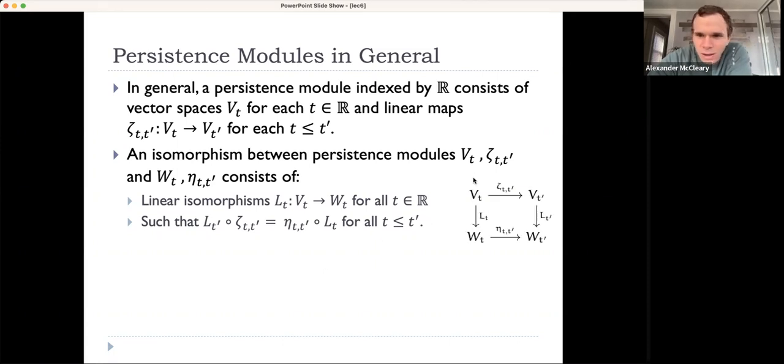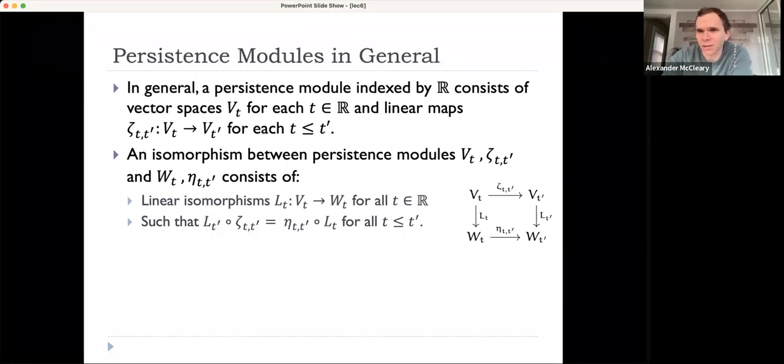It's perhaps best seen in this diagram here. So let's say we have t less than or equal to t prime. And now there are two ways we can go around this square. First, we can go along zeta t to t prime, so this is just the map from V_t to V_t prime, since t is less than or equal to t prime.